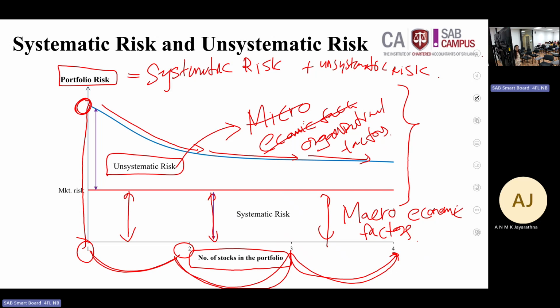Systematic risk can't be diversified. Unsystematic risk can be diversified.